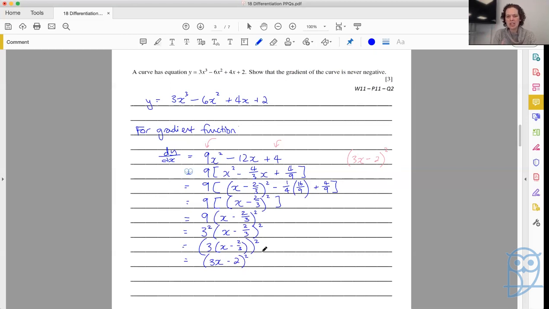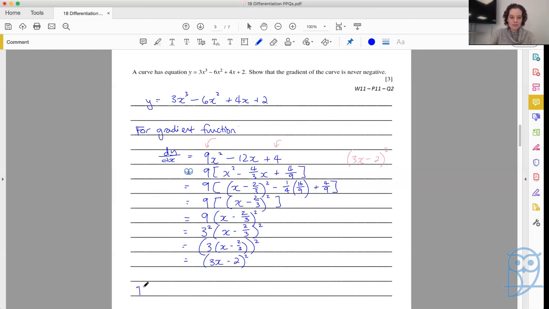So how does that show us that the gradient of the curve is never negative? Well, the thing is that it doesn't matter what value we put in here. If we put in a 2, if we put in a minus 100, if we put in a positive 1,000,000, whatever value we put in is going to give us a value in here, which is then going to be squared. And whenever we square something, it is always positive.